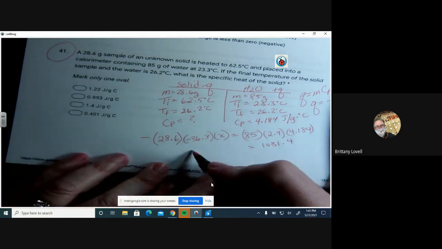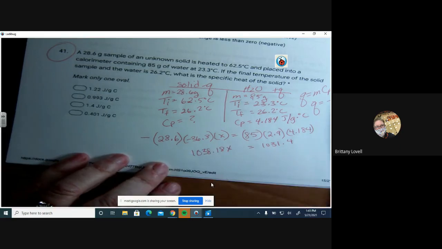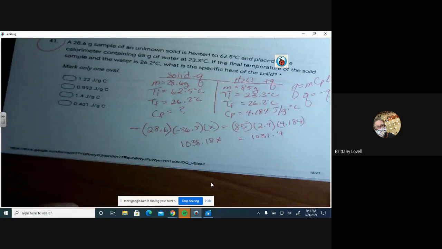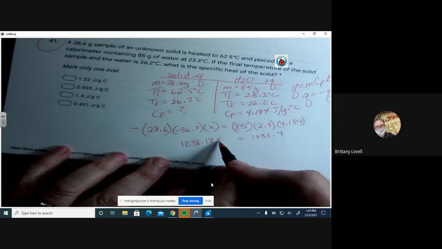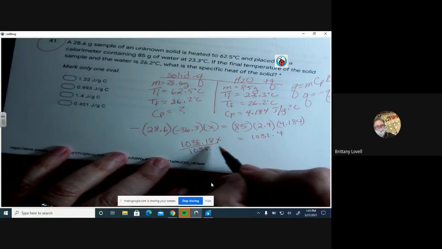Yes? Okay. So 1038.18x. All right. So at this point, what do you do now? Well, you've got to get this x all by itself because we want to isolate it. So we're going to divide both sides by 1038.